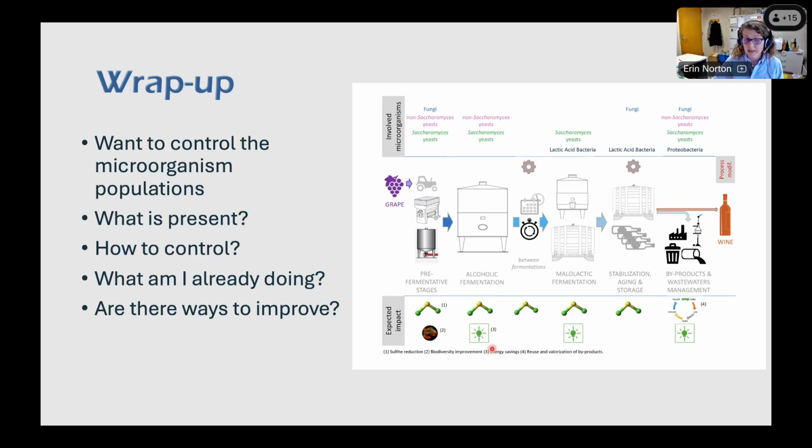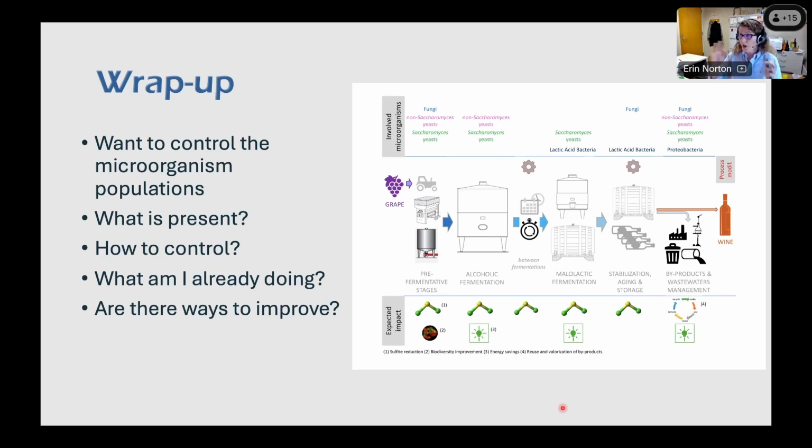There can be energy savings if you don't have to cool things down all the time, if you can control microbial populations in a different way. And if you look at valorizing some of your waste streams, those grape skins and that sort of thing, there's a potential for value added, but also just being more environmentally friendly.